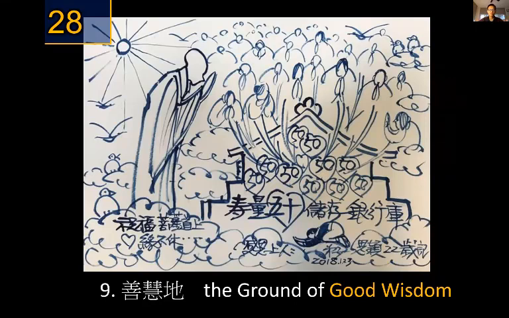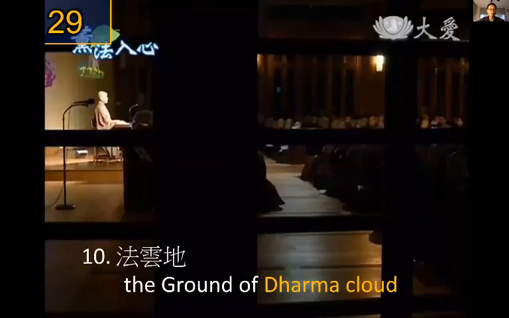This ability to transform wisdom into something that benefits sentient beings is such a ground. And then from there, the ground of Dharma cloud. Just like our Master, every morning sharing the teaching is like a cloud raining nourishment on all of us, and each of us benefits according to our capability, but we all benefit from Master. So the ground of Dharma cloud.